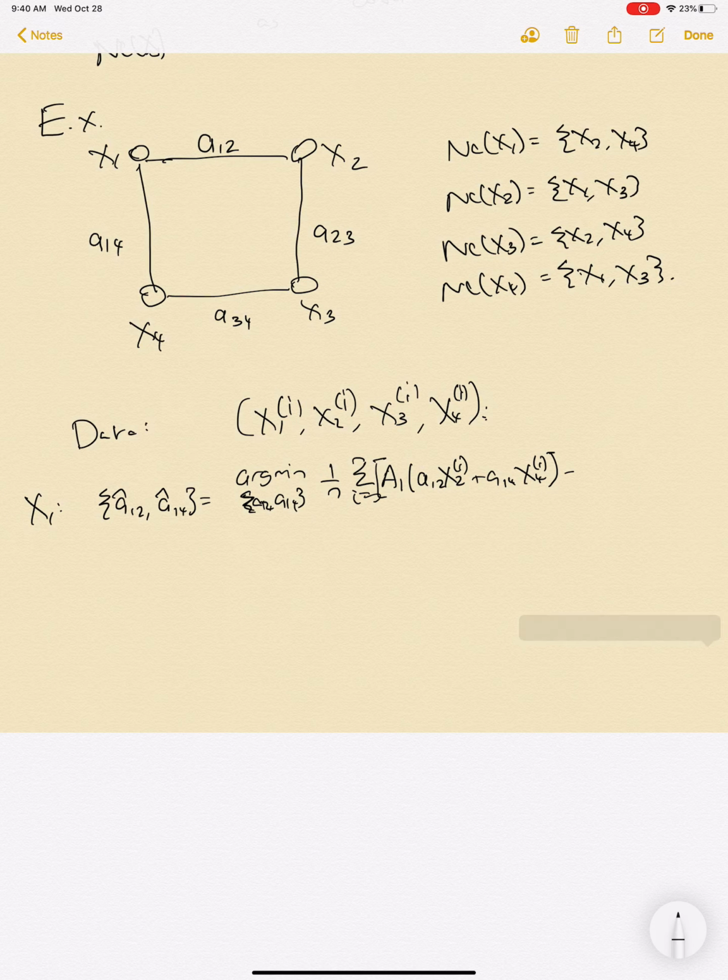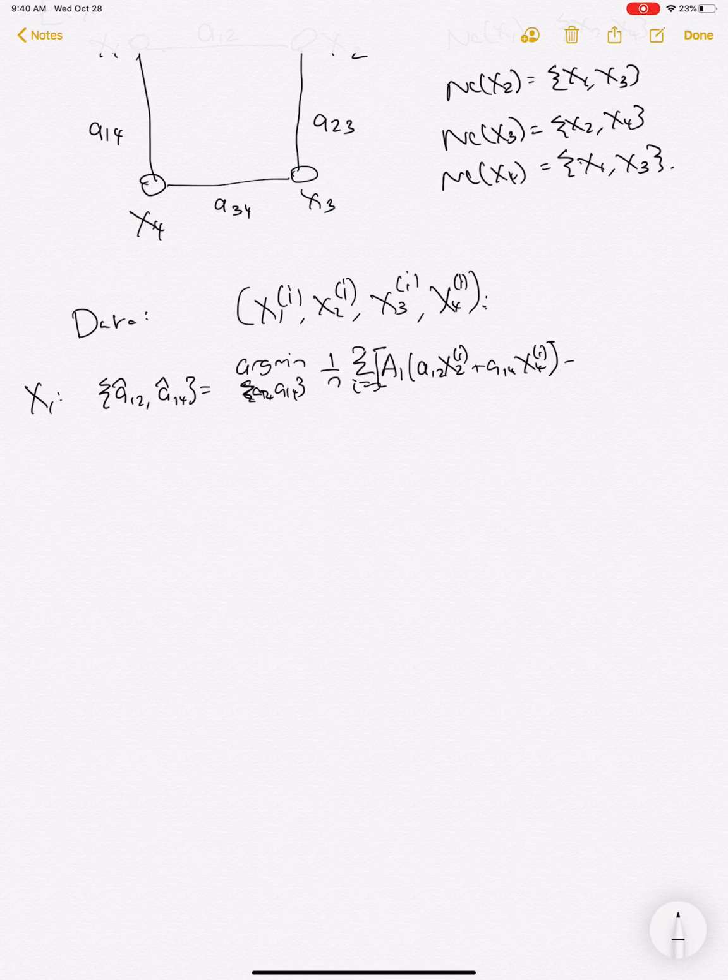And then minus a1,2 x1i x2i, and then minus a1,4 x1i x4i. Then for x2, we're going to have a hat 2,3 and a hat 1,2.